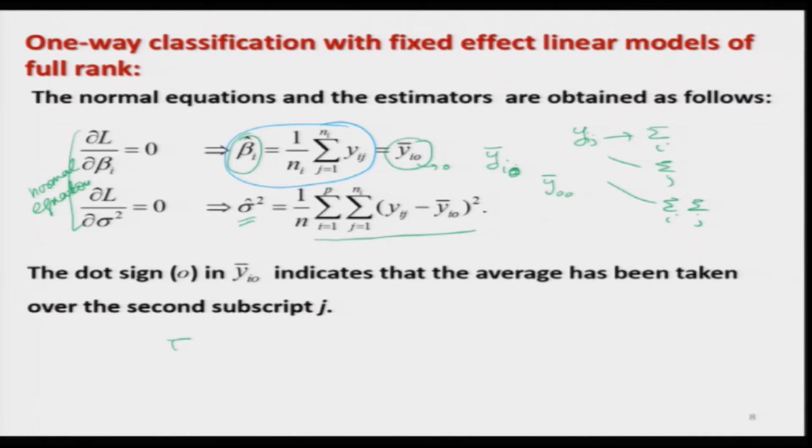Well, you can go for the second order conditions, because we have used the principle of maximum likelihood, and you will find that they are satisfied, there is no issue. So, now we have obtained the maximum likelihood estimators for beta I and sigma square under capital omega.